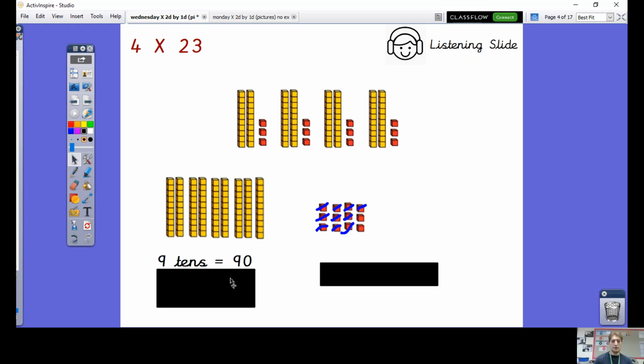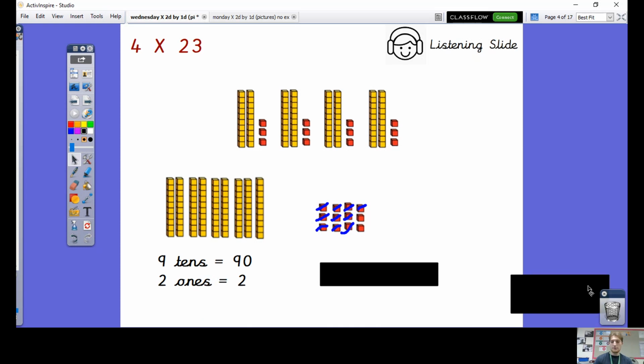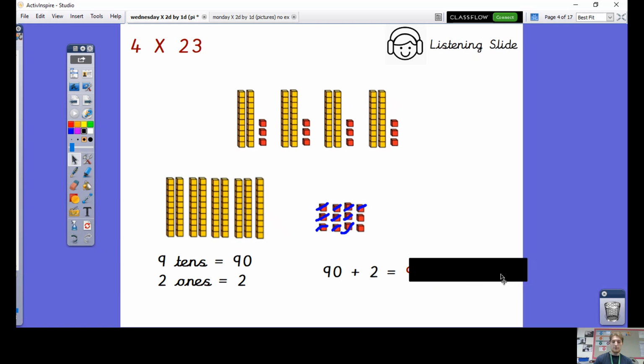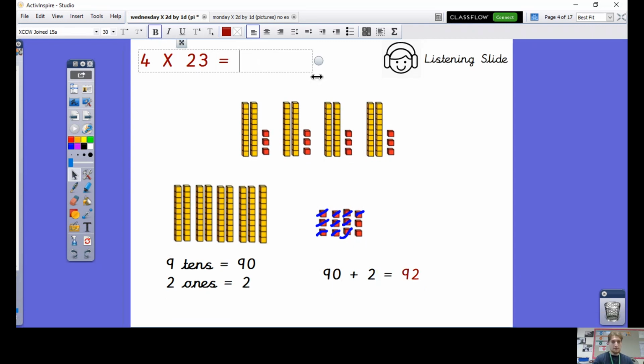I've written it here as well just to show you even more. I have 9 tens here and 2 ones. 90 add 2 is 92, which is our final answer. So we can fill it in at the top here: 4 times 23 equals 92.